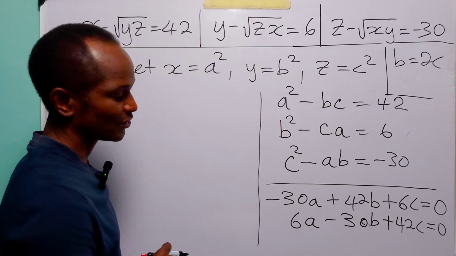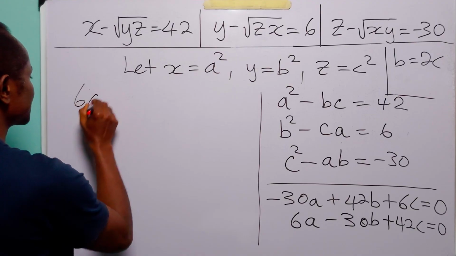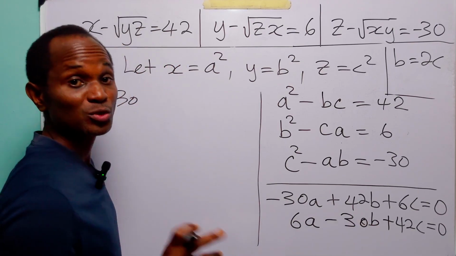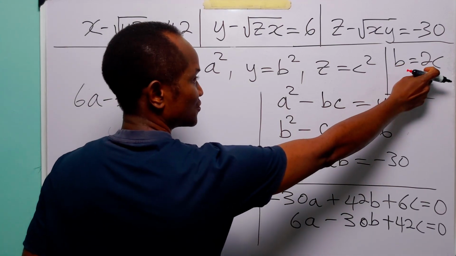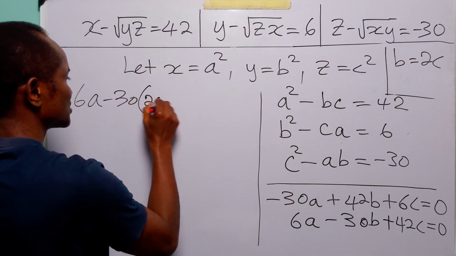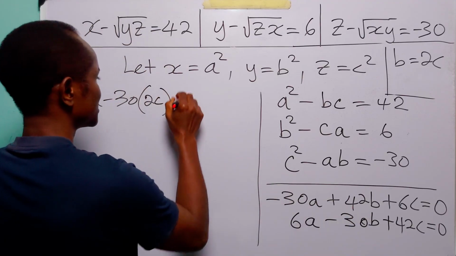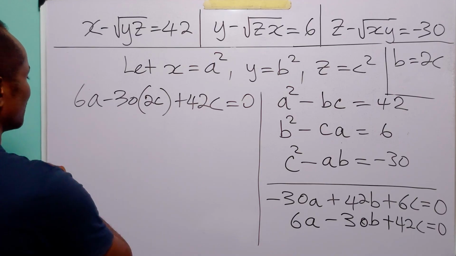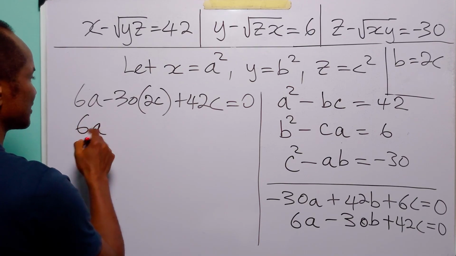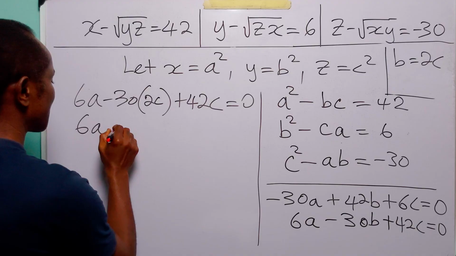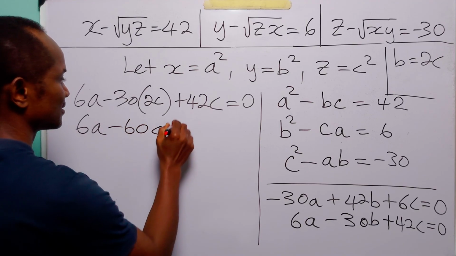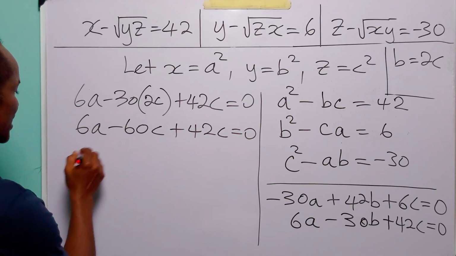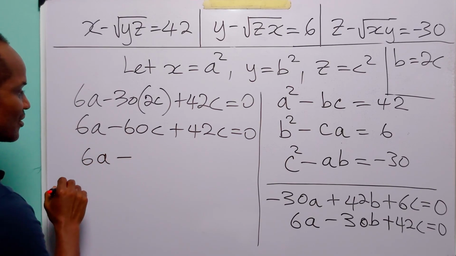Now, let us go back to this second equation. We have 6A minus 30B plus 42C is equal to 0. But we have found that B is equal to 2C. Simplifying this, we have 6A minus 30 times 2 is minus 60C plus 42C is equal to 0.